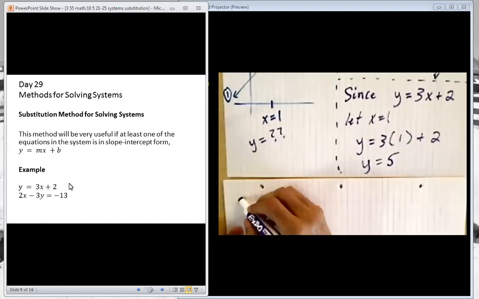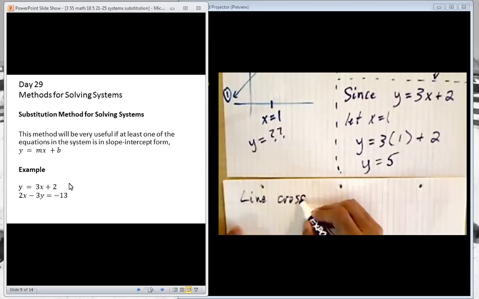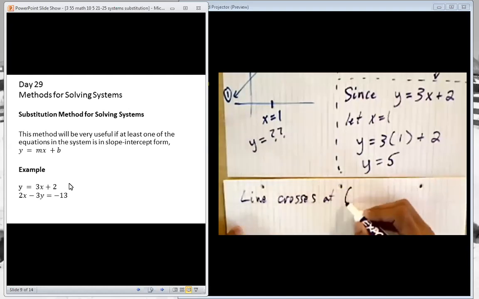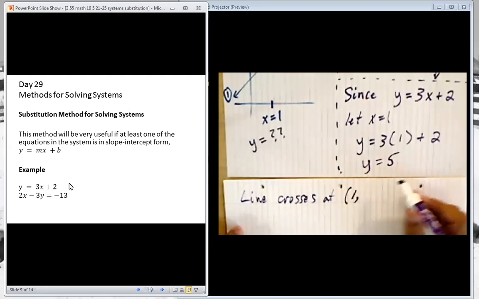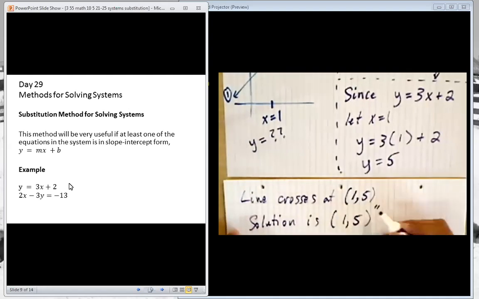So the line crosses at an x value of 1 and a y value of 5 that we found. So in other words, that's how you write it. The solution is 1 comma 5.